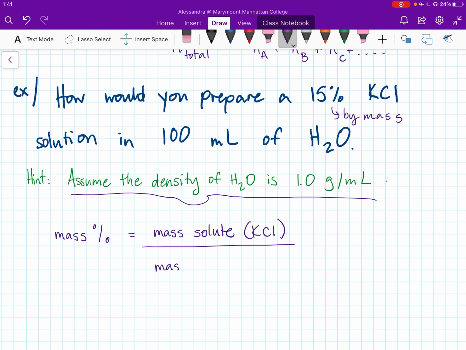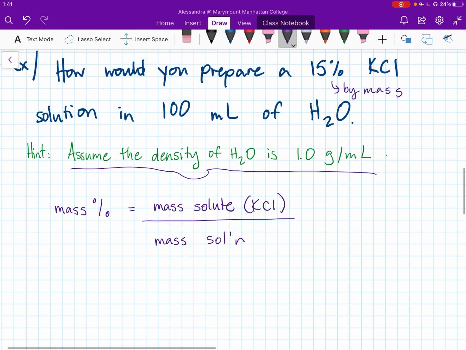Now, the mass of the solution encompasses both the KCl and the water, because remember, solution is solute plus solvent.